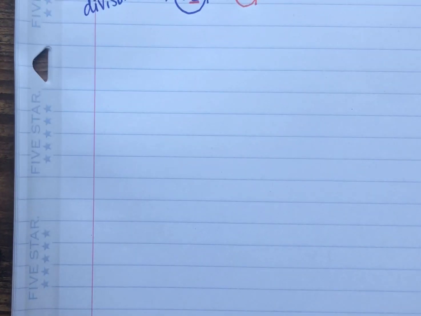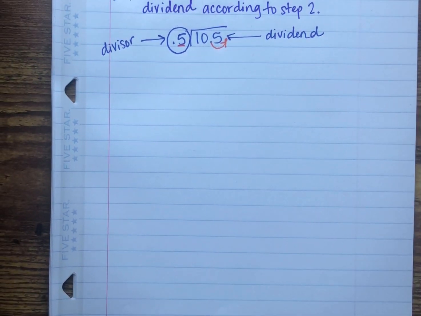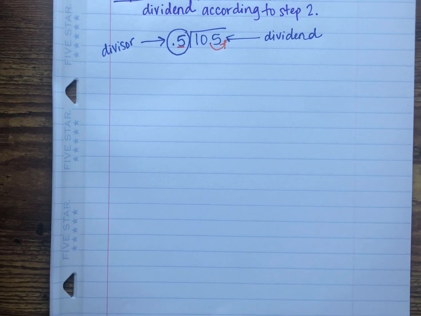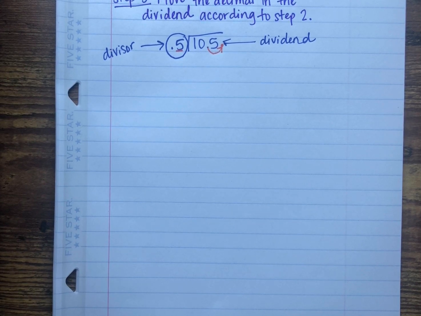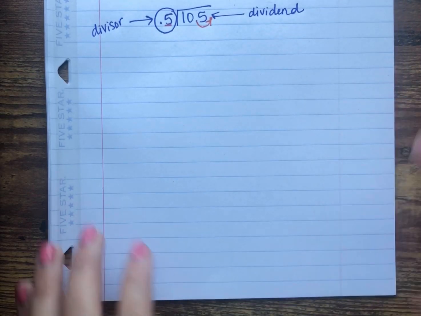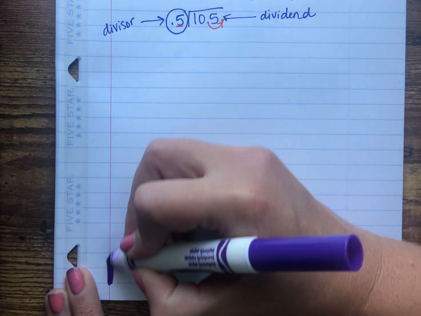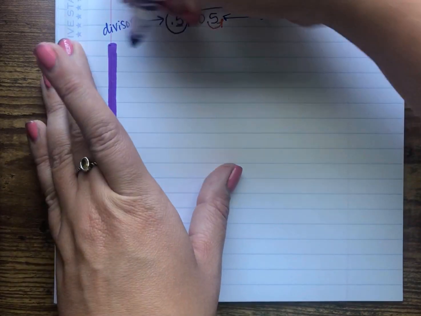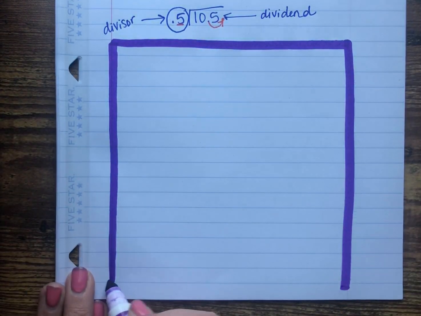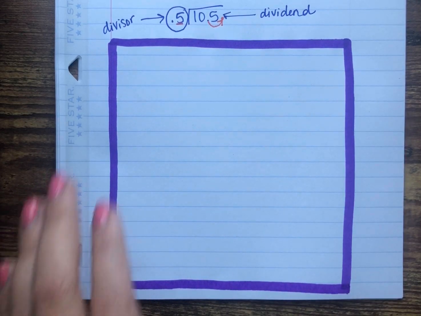All right, so if you were with us for multiplying decimals, you saw that we actually really split our paper into about 4 sections. So we're going to do that same thing for dividing. So I'm going to just draw some really nice lines on the rest of my paper, and I'm going to split my page into 4.